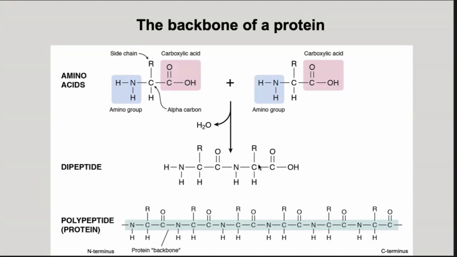And then all subsequent amino acids are added at the C-terminus. So the very last amino acid that gets added to that protein when translation is done is going to end with its carboxylic acid group.